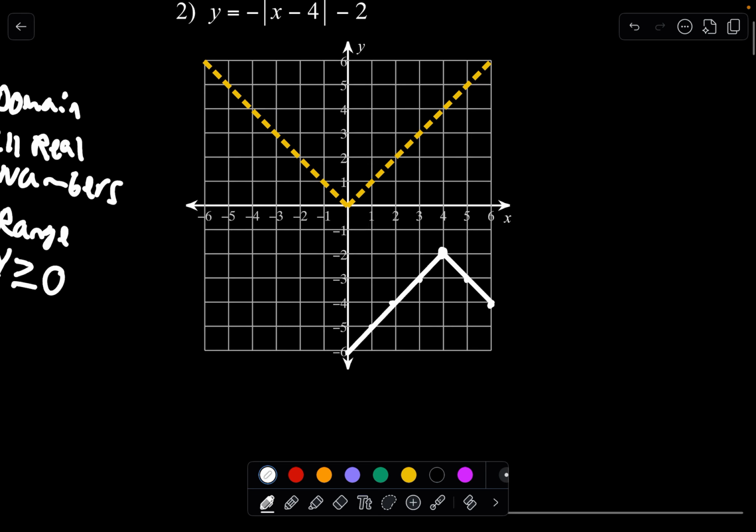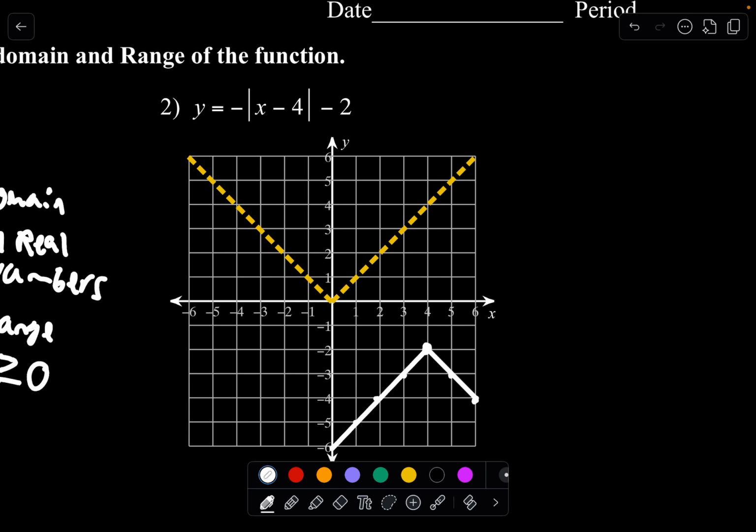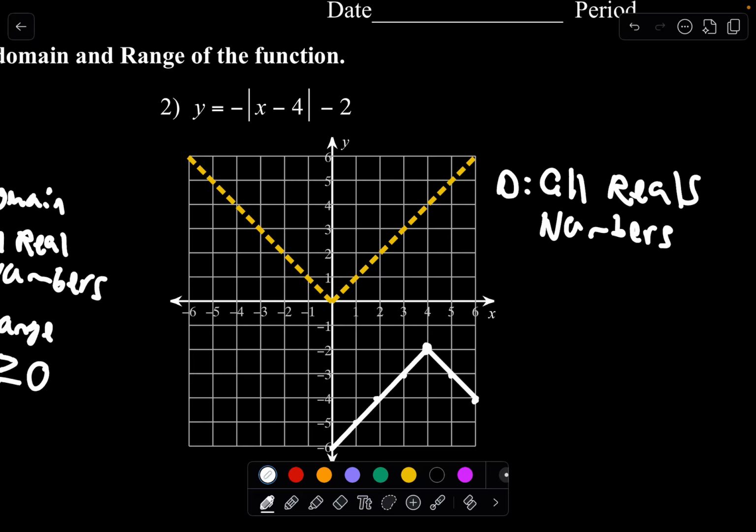All right, so there is the graph of this function, number 2. Notice the domain is still all reals. It doesn't change for the absolute value. And for the quadratic too, all real numbers. Okay, the range, again, it's the y values.